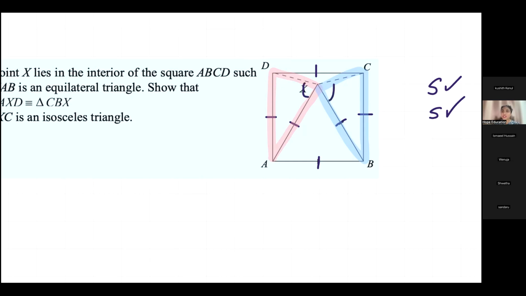A place where students often make a mistake in this question is that you take this angle and this angle as equal, and you put the reason as vertically opposite angles. Are these two vertically opposite angles? What do you think?